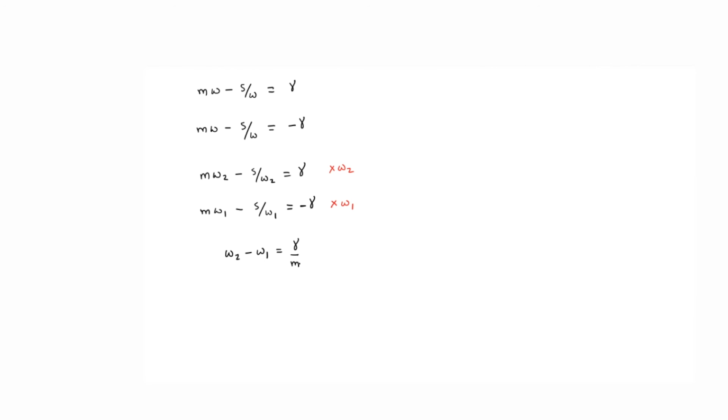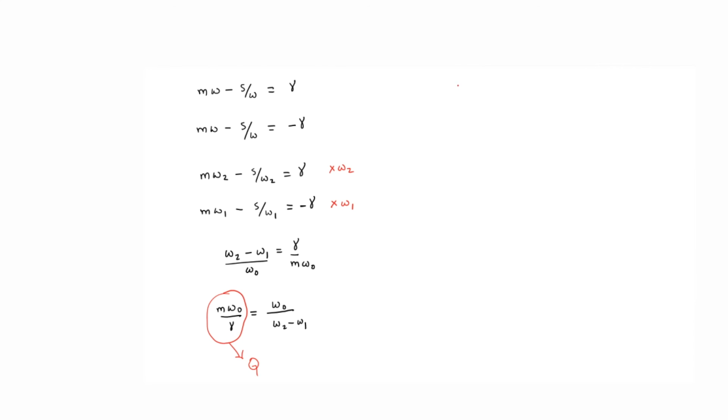And now it looks like we are getting close to the result. Now, I will divide both sides by omega 0 and just invert it, in which case you will get m omega 0 by gamma is equal to omega 0 by omega 2 minus omega 1. And what we know from what we had already studied is that this quantity here is simply equal to the q value.